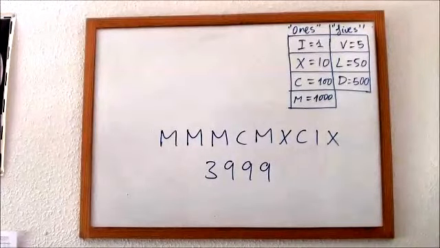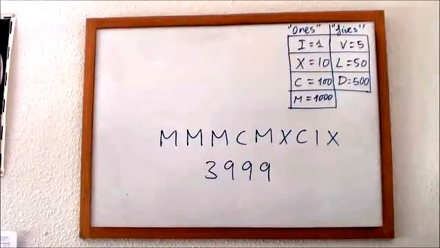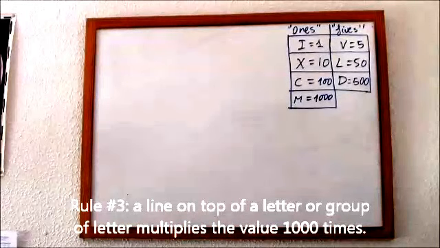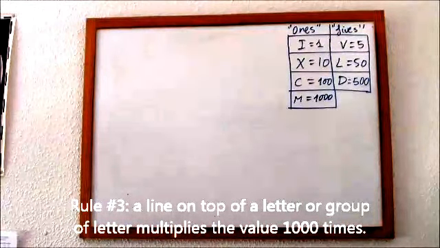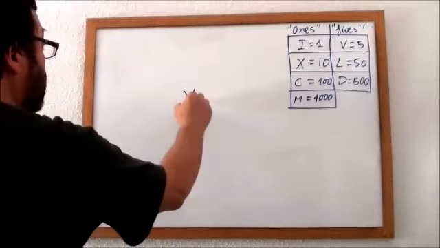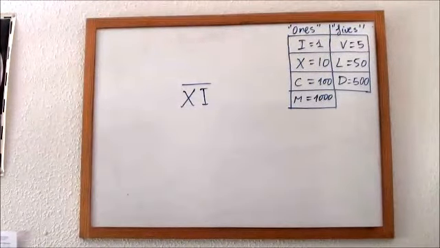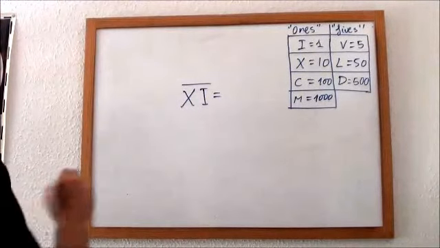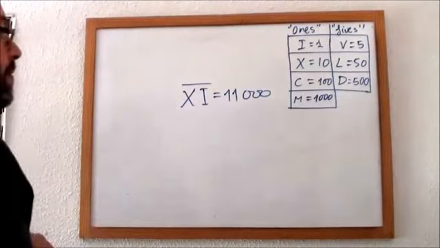To write numbers bigger than that one, we have the third rule. This rule is only for numbers bigger than 3999, and it goes as follows. If we write a line on top of a number, it multiplies by 1000 the value of that number. So XI with a line would be 11,000.